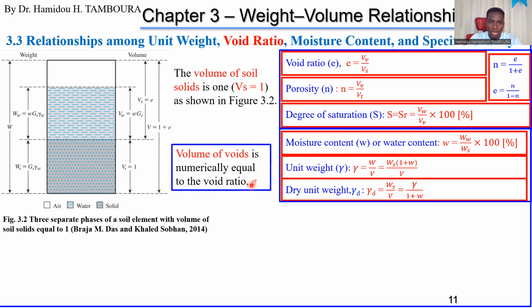Starting from that, because in the definition of the void ratio, void ratio is volume of void divided by volume of solid. Okay, the original definition. That's why I told you that you need to remember this original definition.